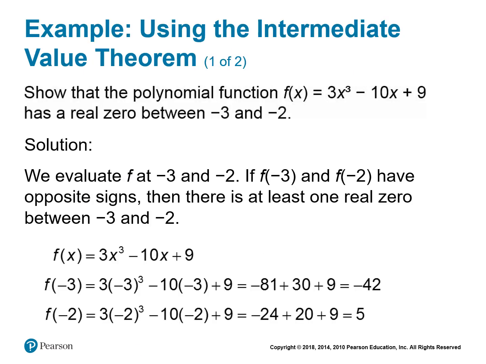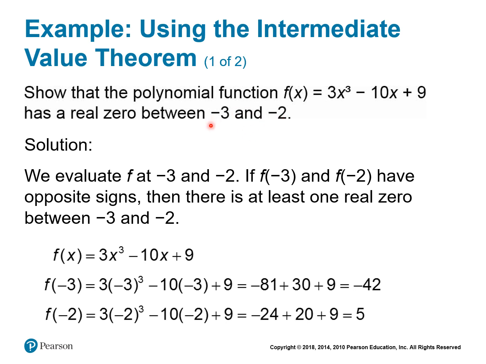Let's go through this example now on using the intermediate value theorem. It says here, show that the polynomial function f of x equals 3x cubed minus 10x plus 9 has a real 0 between -3 and -2.